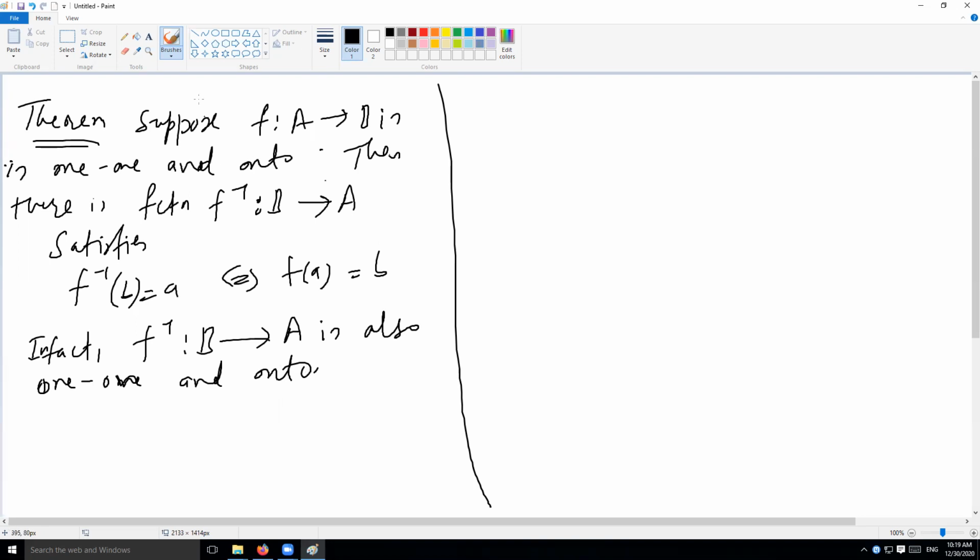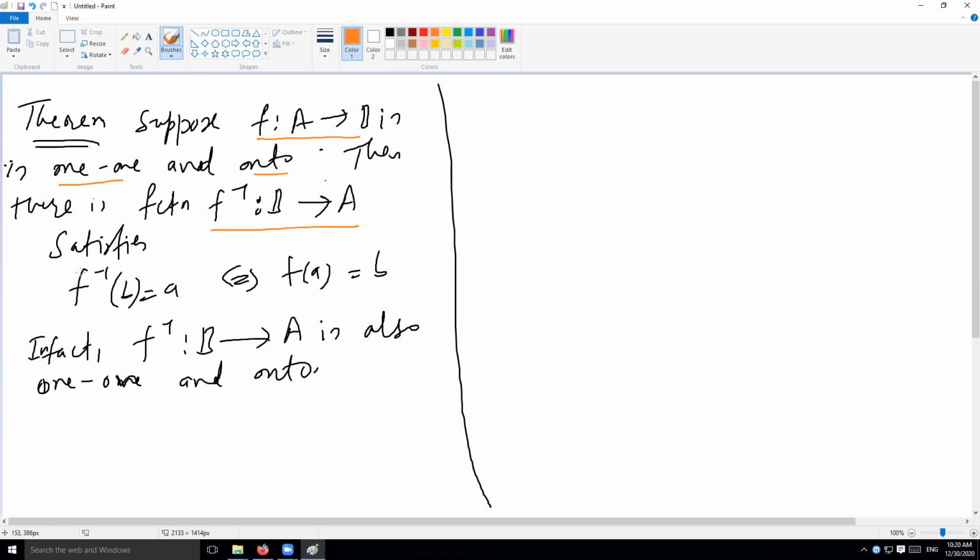Now, what does the statement say? The statement says that imagine you have a function, and for this function you know that it's 1-1 and onto. Then this allows you to define another function, which is the inverse function from B to A. And what would be the definition of the inverse function?